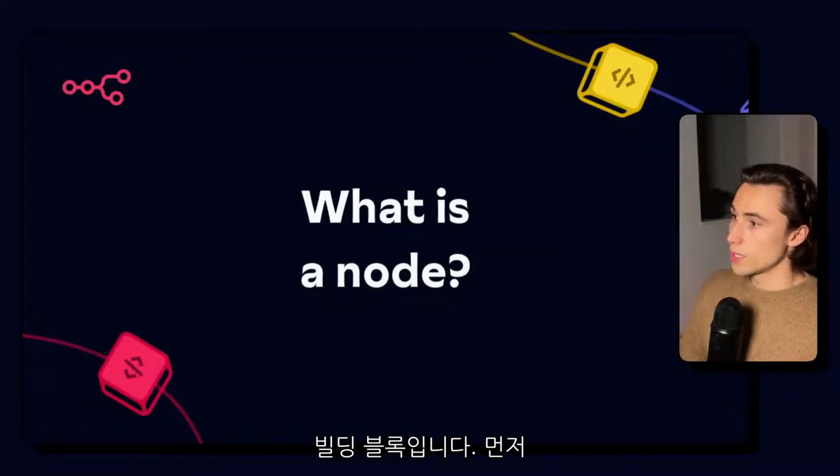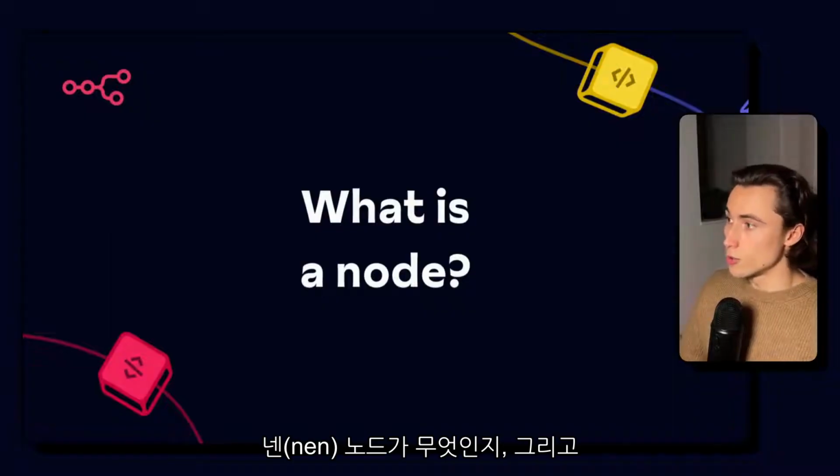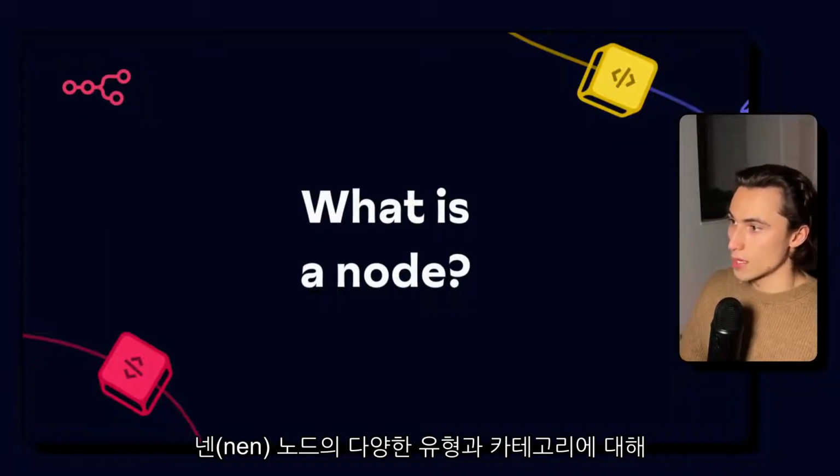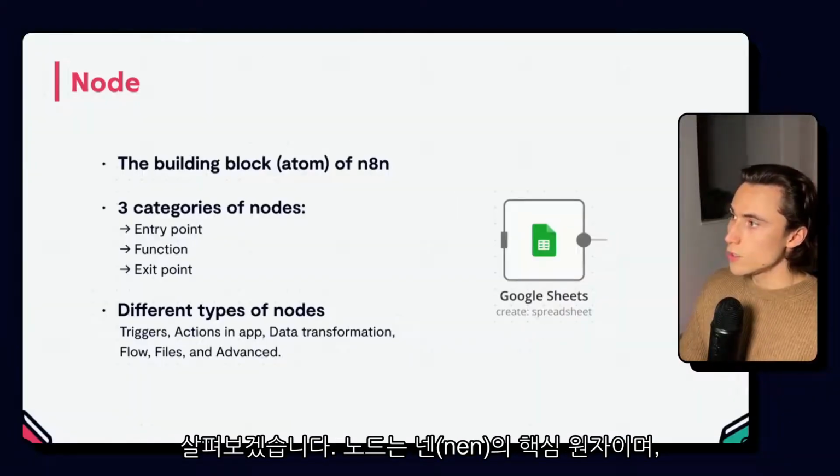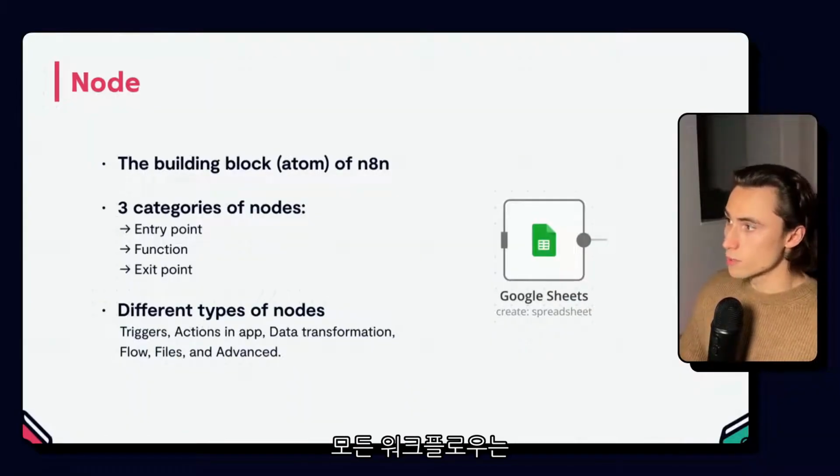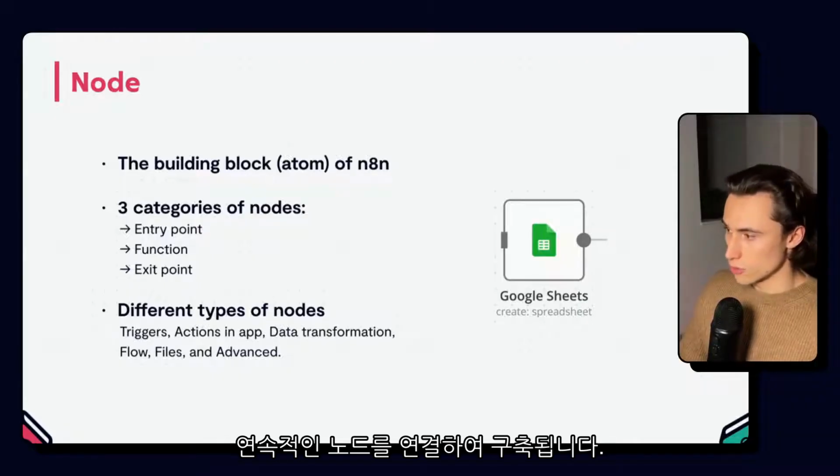Let's start off by looking into what an n8n node is and the different types and categories of n8n nodes. The node is really the atom of n8n, and every workflow is built by connecting consecutive nodes.